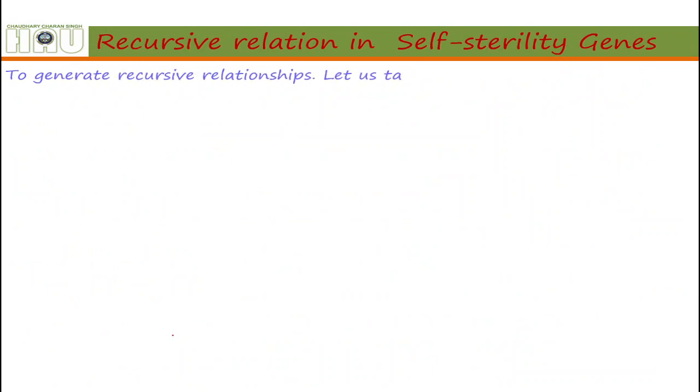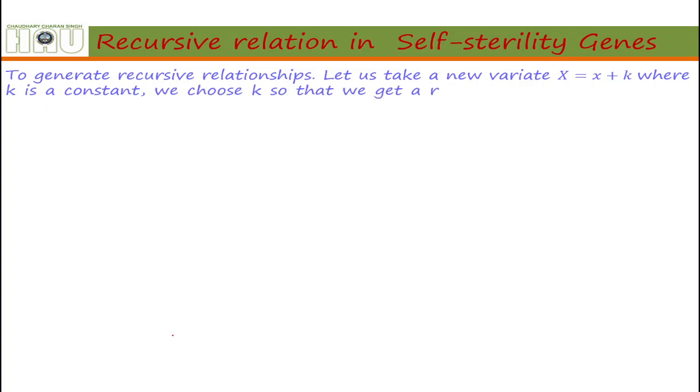So using this notation, we can generate the recursive relationships. How can you create the recursive relationship? A recursive relationship is generally a relationship between the frequency in the nth generation in terms of, say, the initial generation. So, in order to create the recursive relationship of self-sterility genes, we use a random variable, say capital X, which can be defined as x plus k.